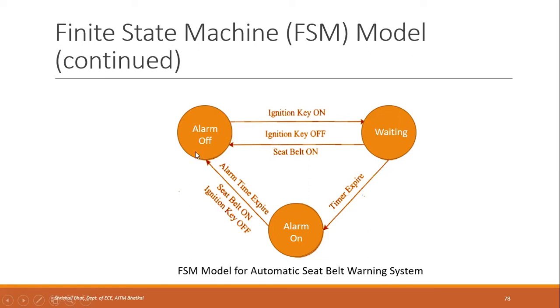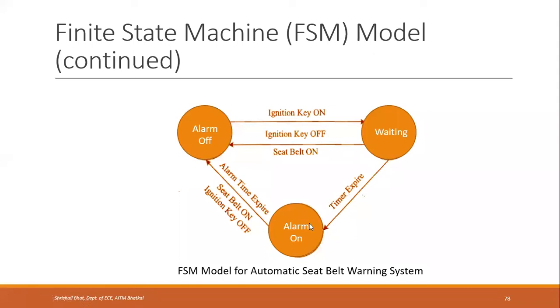So initially it will be off. Then when the ignition key is turned on, it will go to the waiting state. In between, if the ignition key is turned off, it will go to alarm off state. In between, if you put on the seat belt, again it will go to alarm off state. But if for 10 seconds it is on and you have not fastened the seat belt, the timer will expire and it will go to alarm on state.